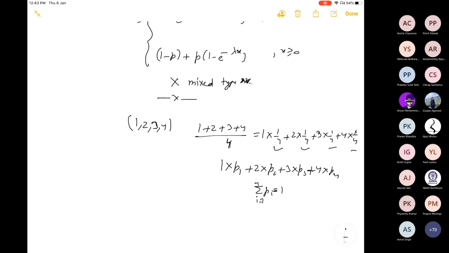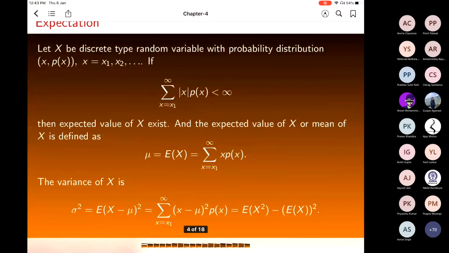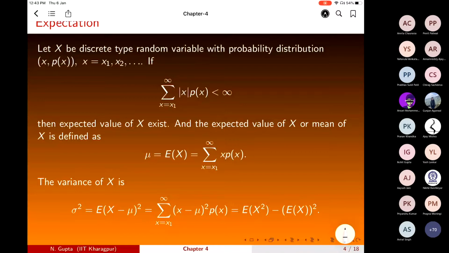This we denote as the expectation or the mean value. Therefore, the expected value of X or mean of X is defined as summation x px, where X is a discrete type random variable with probability distribution x, px, small x being x1, x2, x3, and so on.